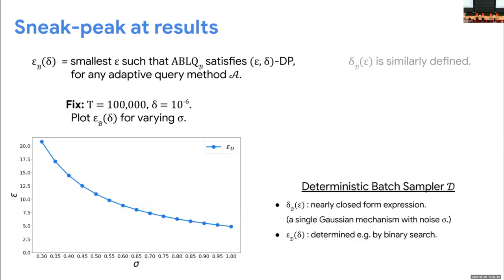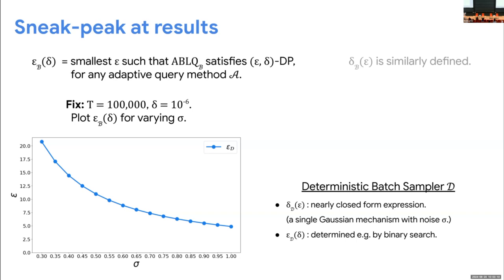For any batch sampler, let's define epsilon_b of delta as the smallest epsilon for which the adaptive batch linear query method, with batch sampler b, satisfies (epsilon, delta)-DP for any adaptive query method. So here's a simple plot of epsilon versus the noise scale sigma for a fixed delta and fixed number of steps.